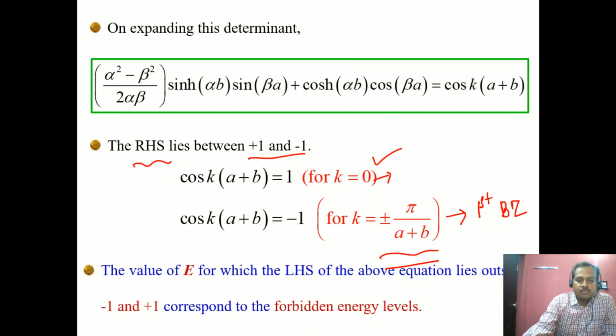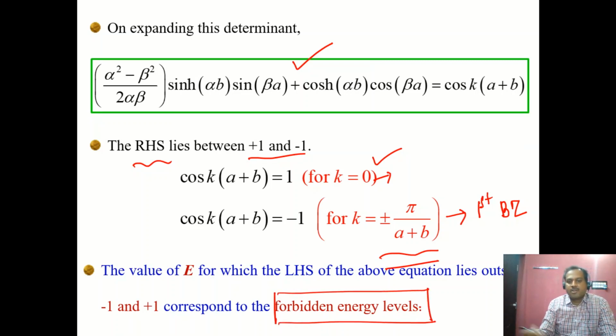Now the values of energy for which the left hand side lies inside this region, that is between plus 1 and minus 1, those energy states are allowed. If for a particular energy value this function is lying outside plus or minus 1, then they are not allowed, and those energy levels are called the forbidden energy levels.